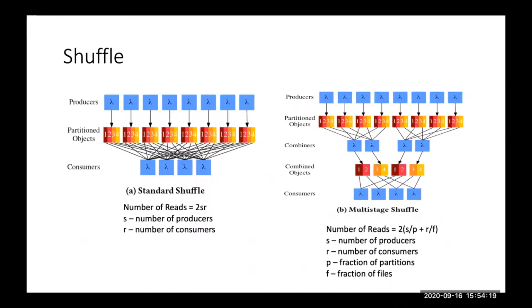For many operations, Starling has to deploy a massive number of workers, on the scale of 1,000 or 5,000. Because of that, they tend to produce many of these partitioned objects, and that increases the number of reads for consumers, which costs more.